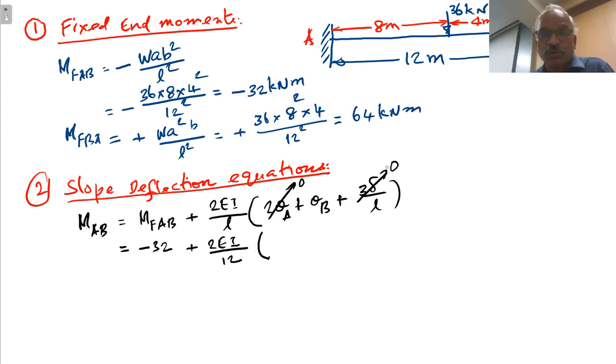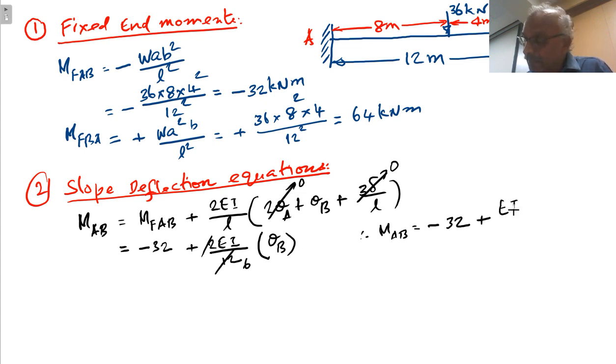So only theta B remains: 2EI by 12 into theta B. Therefore, MAB equal to minus 32 plus, simplifying 2 by 12 as 1 by 6, EI by 6 into theta B. So this is slope deflection equation 1.